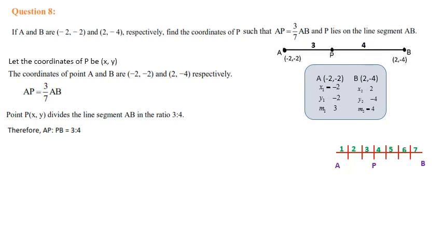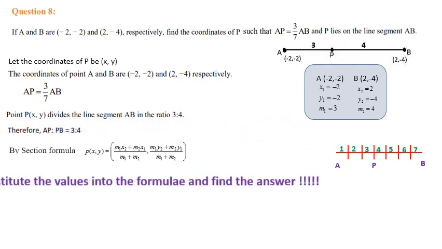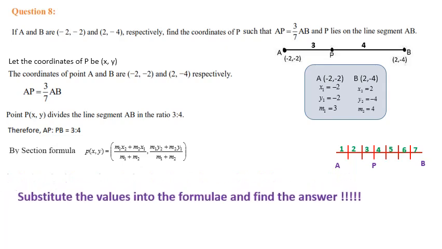Here it is marked, m2 is 4. Now by using the section formula, P(x, y) is equal to ((m1 x2 + m2 x1)/(m1 + m2), (m1 y2 + m2 y1)/(m1 + m2)), we can calculate the coordinates of this point P. It is a direct question. Just substitute and complete it as homework.